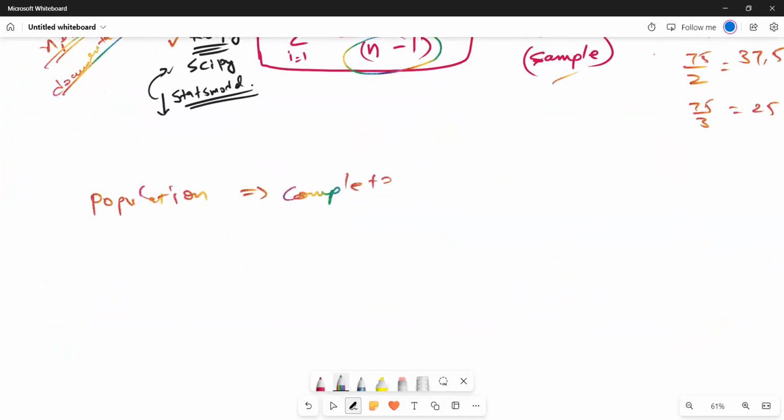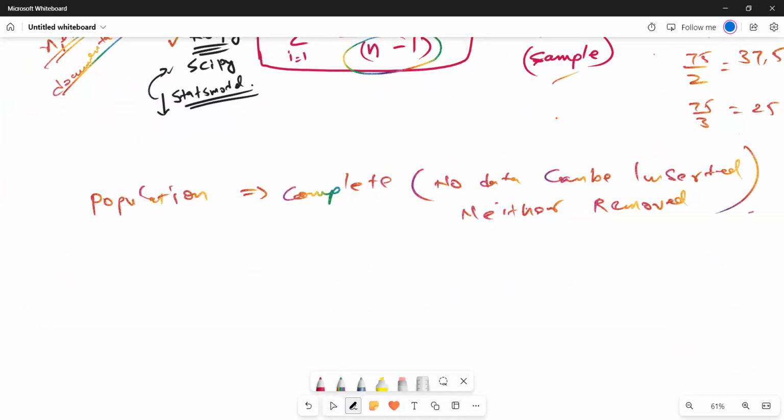When I say the data set is complete, in technical terms, it basically means that no data can be inserted and neither can data be removed if it is considered a population.